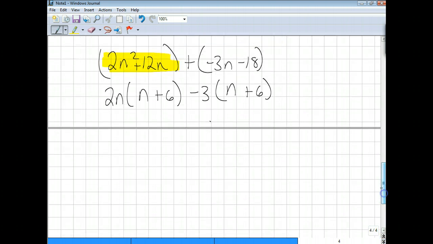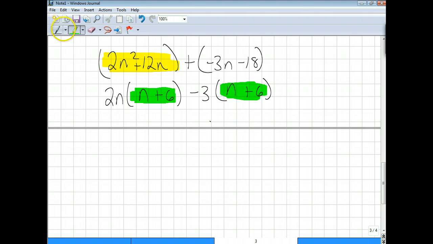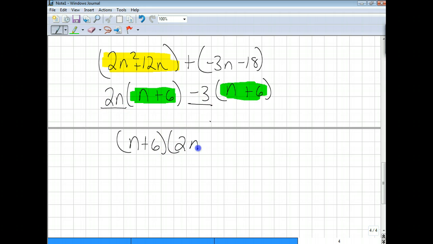Now notice that we have a common factor of n plus 6. So we factor that out. And what's left over? 2n minus 3. So that goes in a parenthesis. And again, in the book, the answer would probably be written like this, but either way is correct.